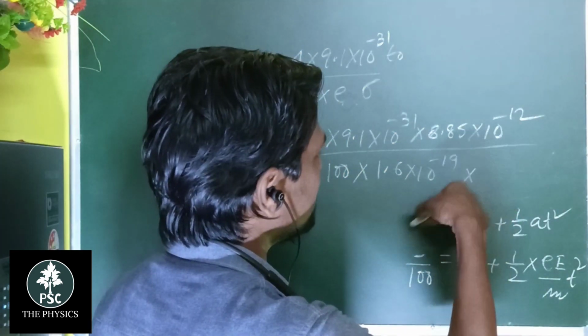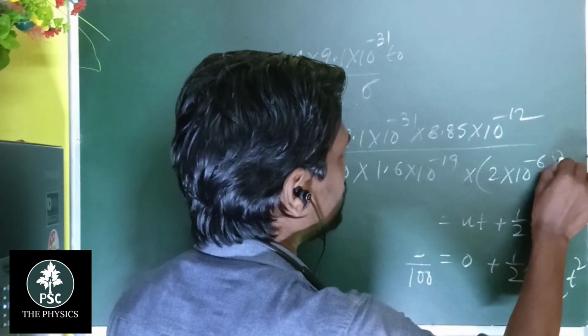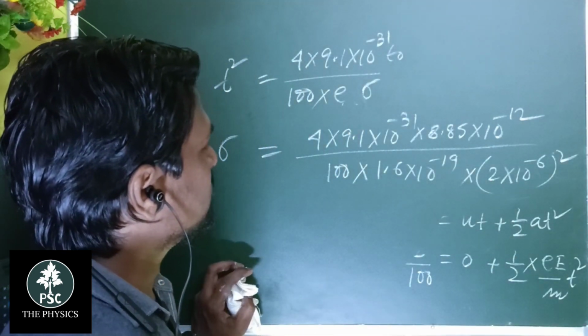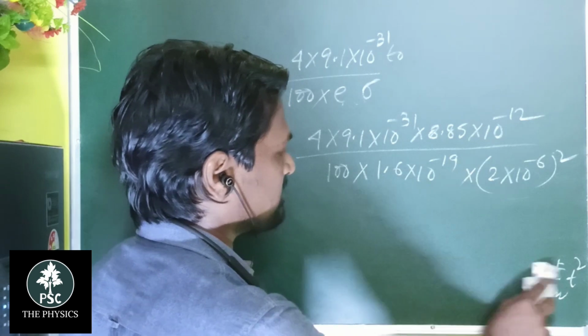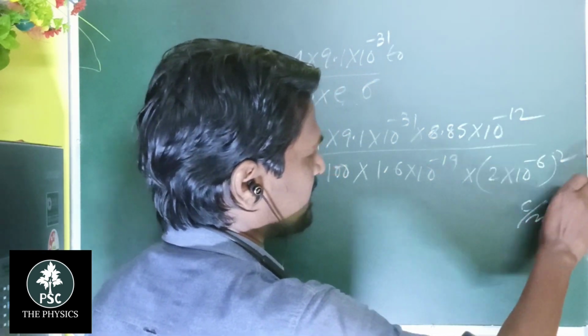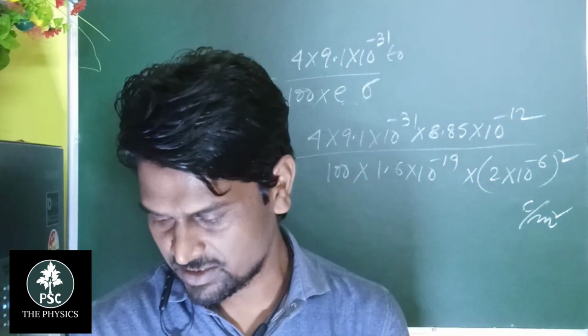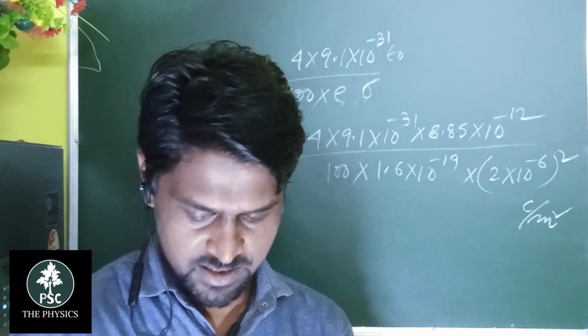T square means 2 into 10 to the power minus 6, whole square, 2 microseconds. So this is the answer, and the unit will be coulomb by meter square. Charge by area, that is sigma, surface charge density. So that you can get the answer.